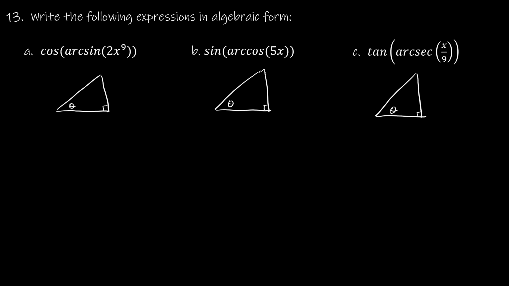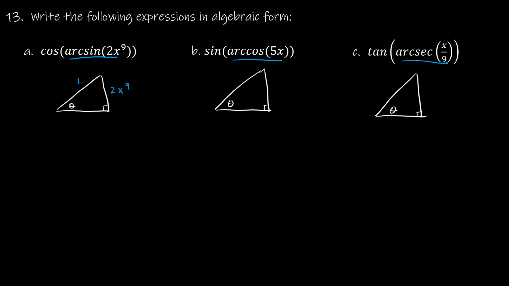Next, we're going to look at inverse trig functions and finding new trig functions. So my best advice is draw yourself a little picture like I have, and start with knowing how to use what's inside. So arcsine means if I took sine of theta, I would get 2x to the 9th. Well, sine is opposite over hypotenuse. So that's 2x to the 9th over 1.